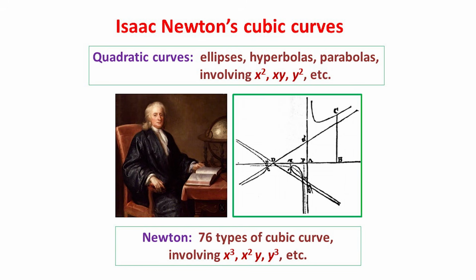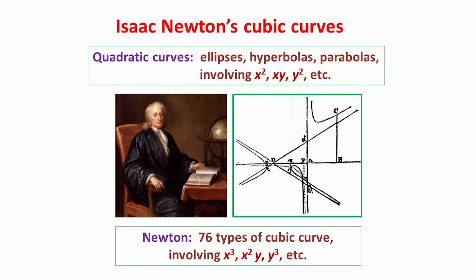Just as quadratic curves basically come in three types: ellipses, hyperbolas, and parabolas, with equations involving terms in x squared, xy, and y squared, so cubic curves come in different types with terms in x cubed, x squared y, y cubed, and so on.